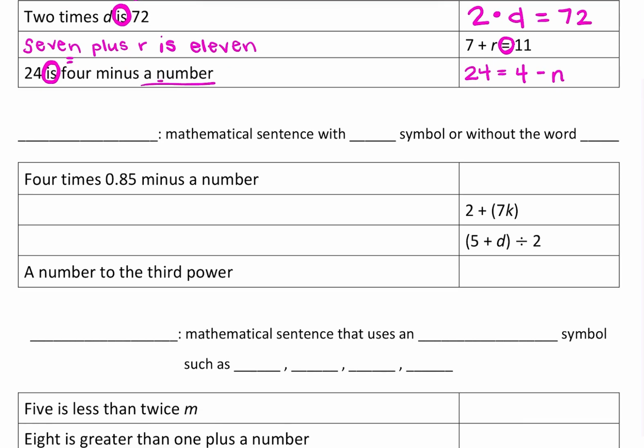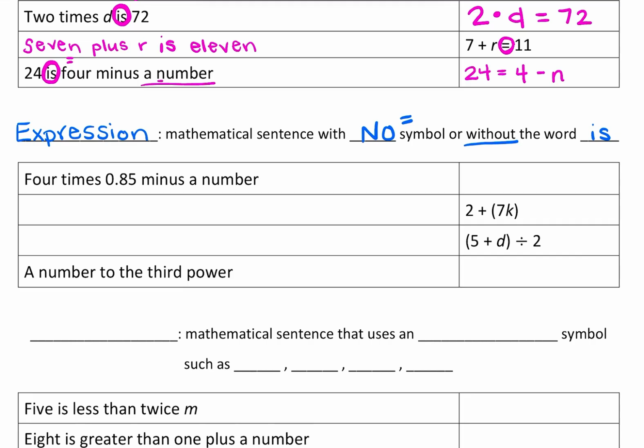All right, next section. Now we're going to talk about expressions. Expressions, spell that out, expression. An expression is a mathematical sentence with no equal symbol or without the word is. So they have no is, no symbols whatsoever. Let's take these words and put them in the math part, okay?